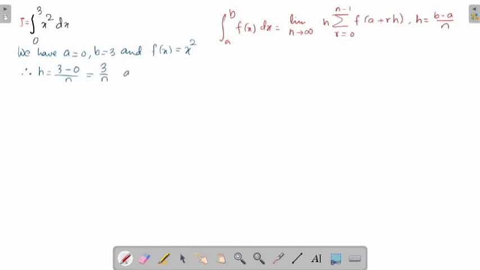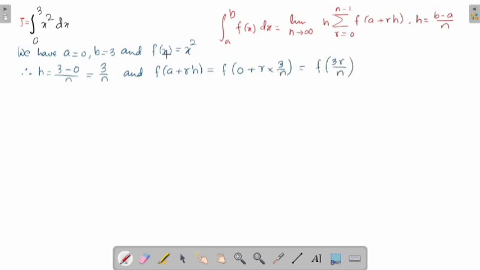And let's calculate this thing as well. So f of a plus rh will be equal to, f of a is 0, all of you know that a is 0, plus r into h. What is h? h is 3 by n, right? So this is f of 0 plus 3r by n, so this becomes 3r by n, remember?